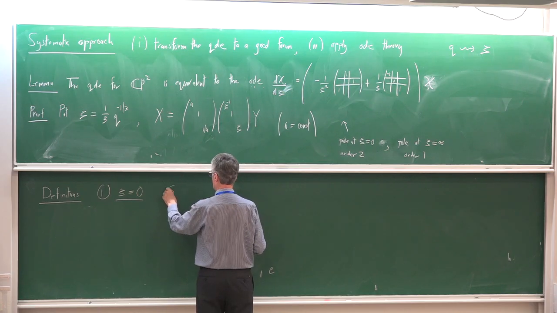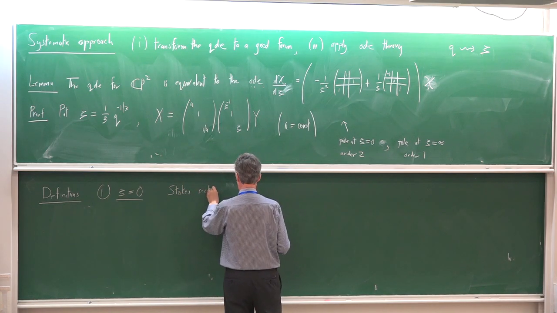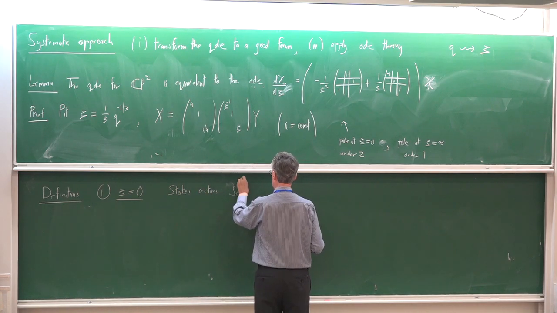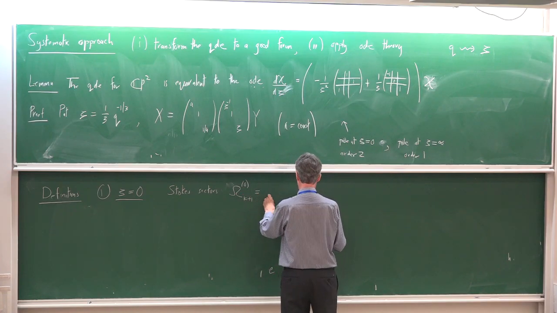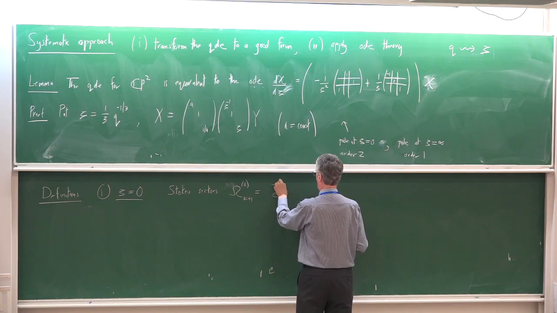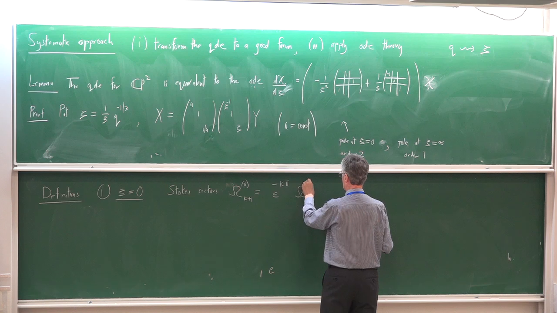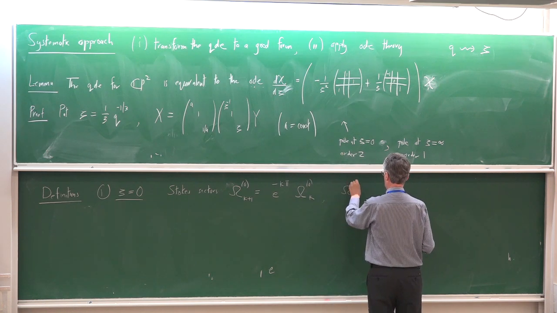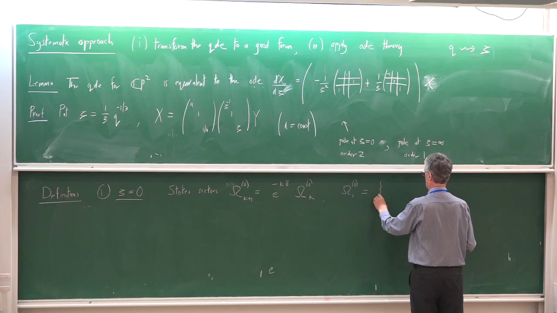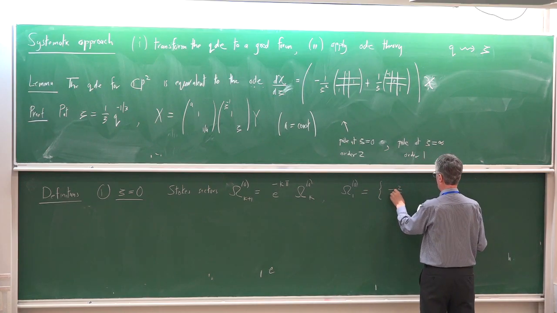So we define Stokes sectors, and I put a 0 to indicate that it's at 0. And they are a family, well, they differ by pi. And I start off with some particular one, you have to start somewhere, so you take the sector.